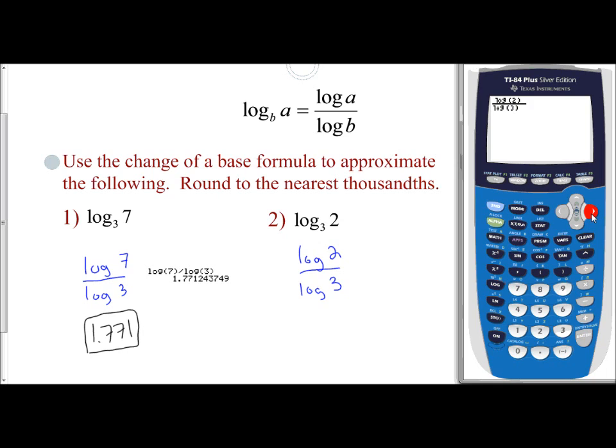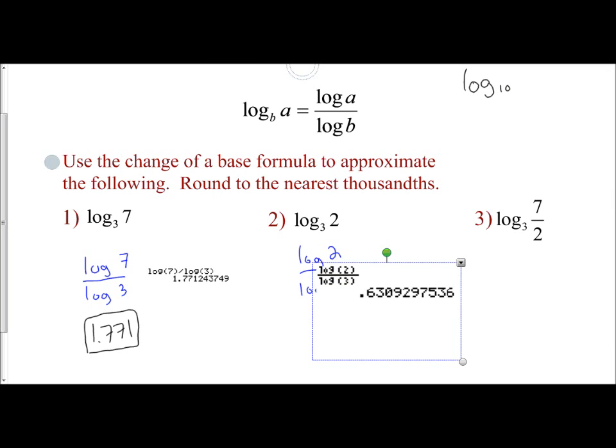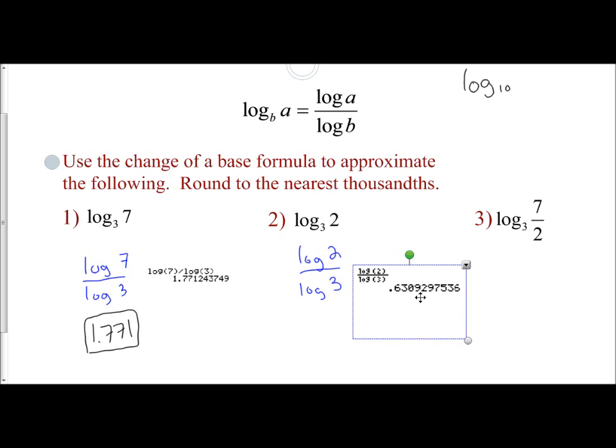It's written on my screen the same way we write it on paper. If I hit enter, I get 0.6309, and I want to round to the thousandths, which is the third decimal place. So I look at the fourth. The 9 does round up that 0 to a 1. And so I get 0.631.